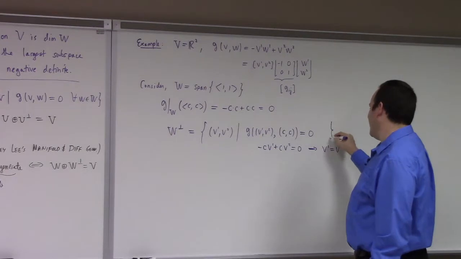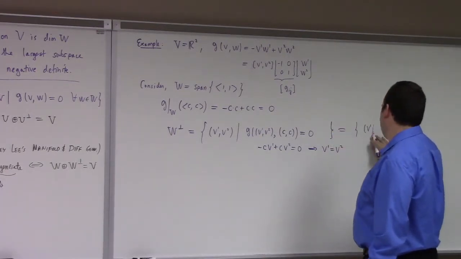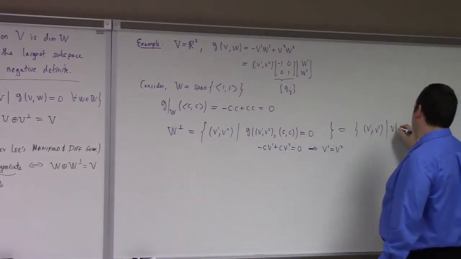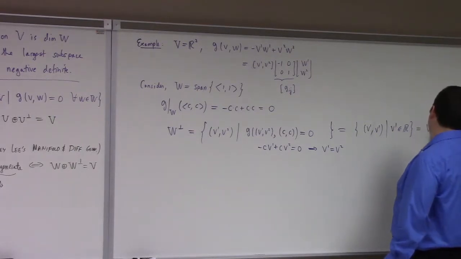So in other words, this is (v1, v1) such that v1 is in the reals. In other words, it's W.